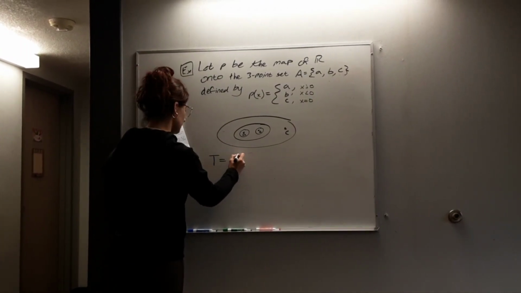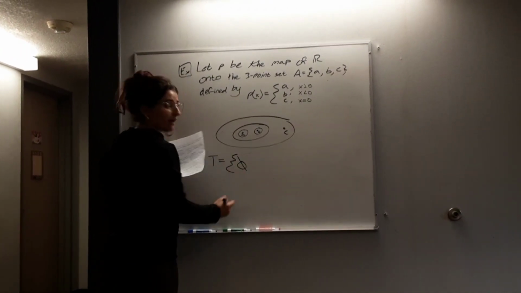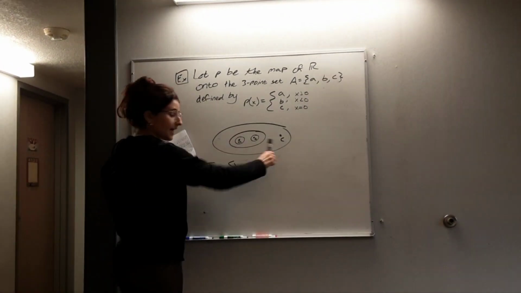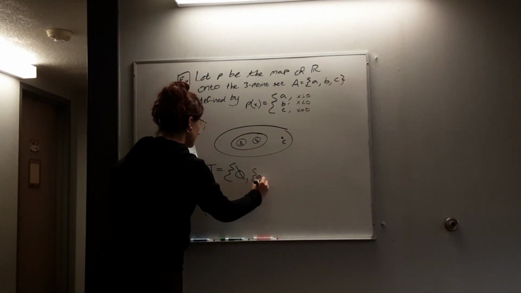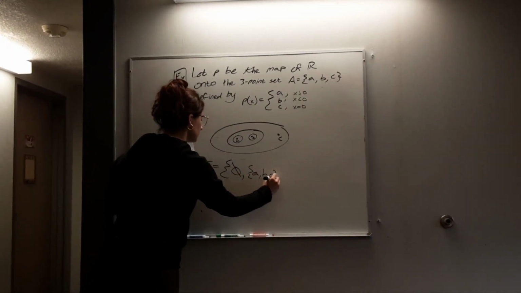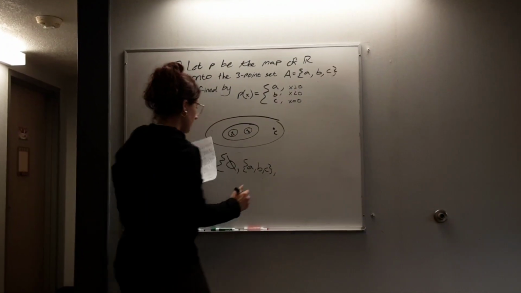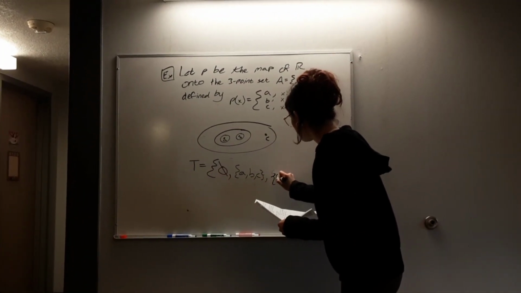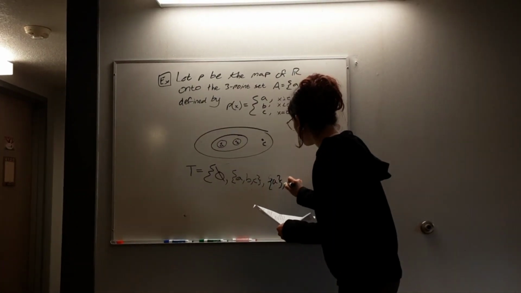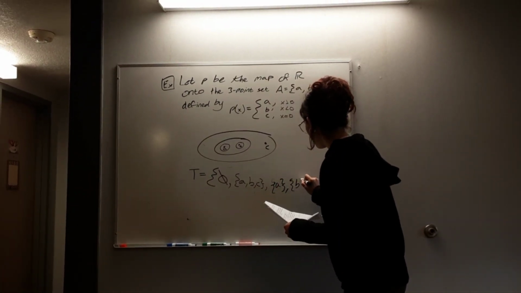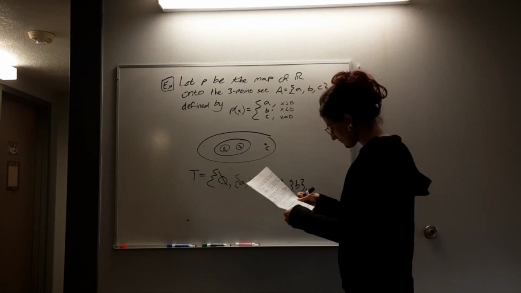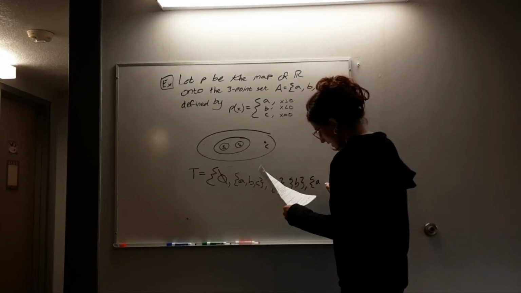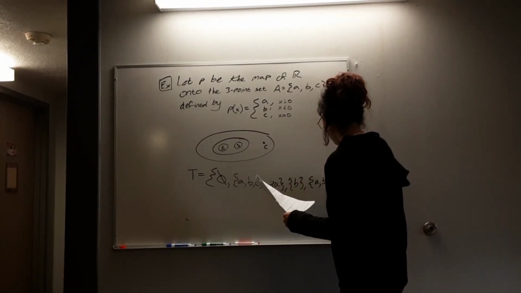This is going to be our quotient topology on A. It's going to consist of, obviously, the empty set, and the entire set as well, so A, B, and C. But then we're also going to have A by itself as a singleton, B by itself as a singleton, and A and B together.